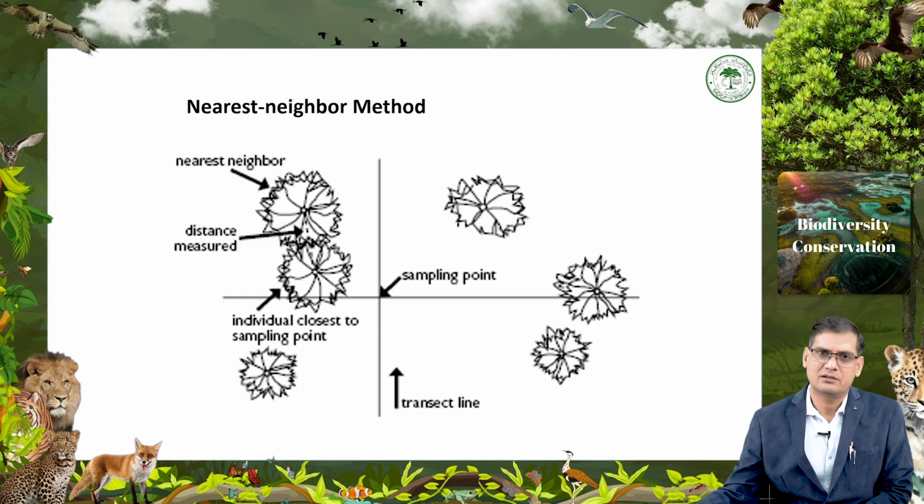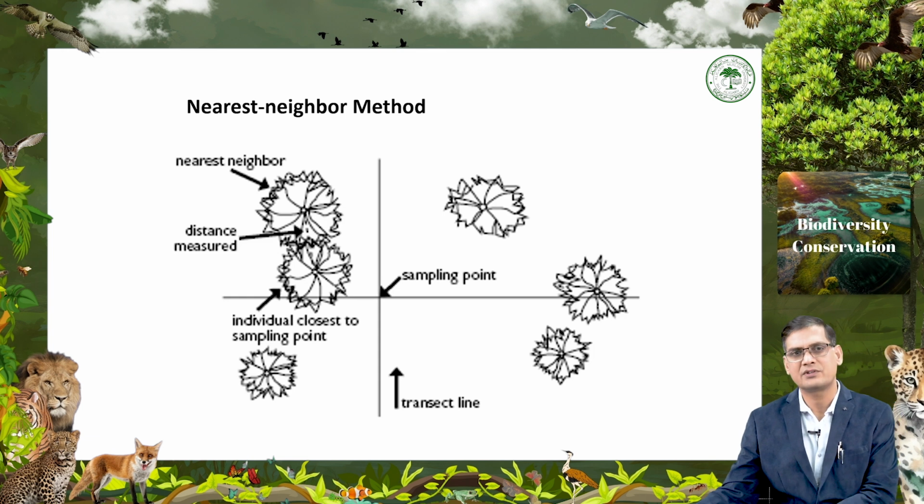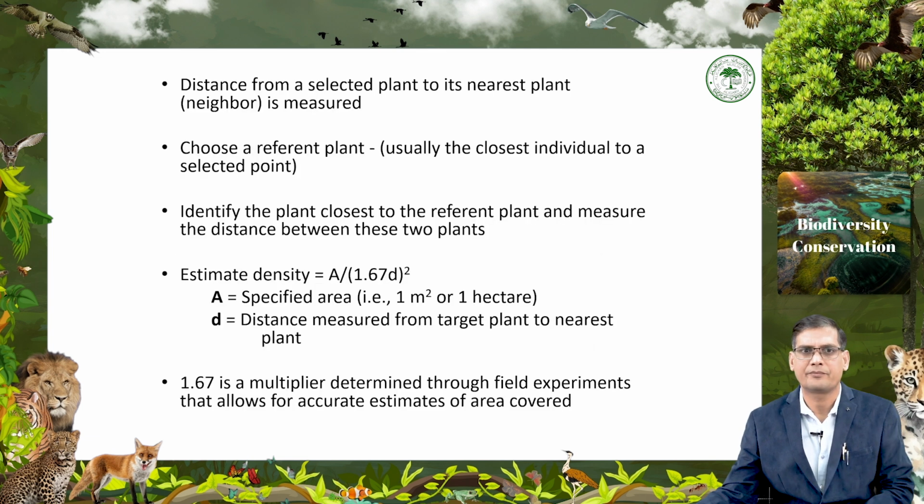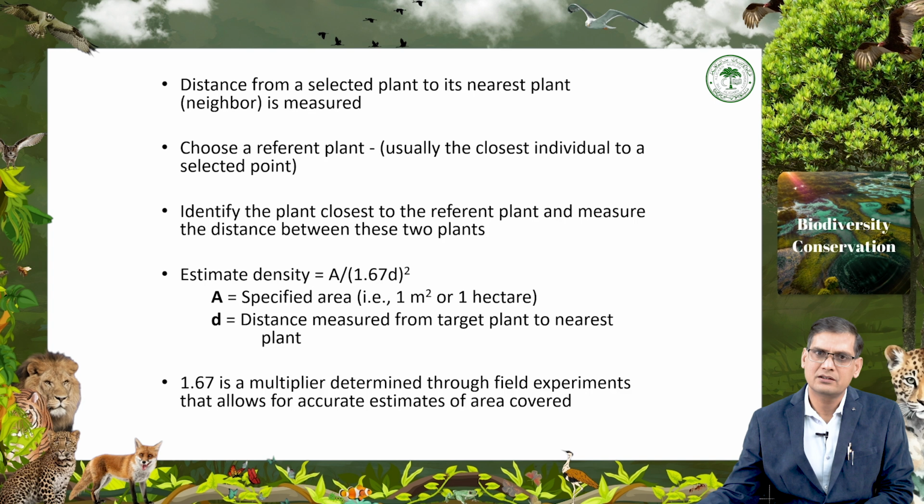Nearest neighbor method. This is the depiction of the nearest neighbor method, where the distance of the nearest neighbor of a selected tree is used to calculate the density of trees. In this technique, the distance from a selected plant to its nearest or neighboring plant is measured.